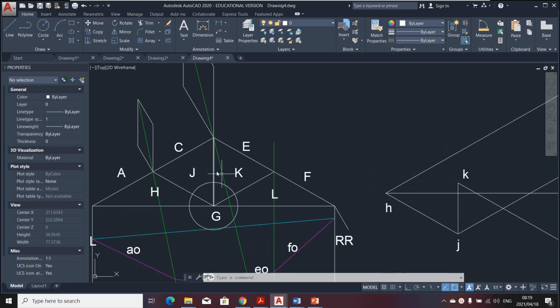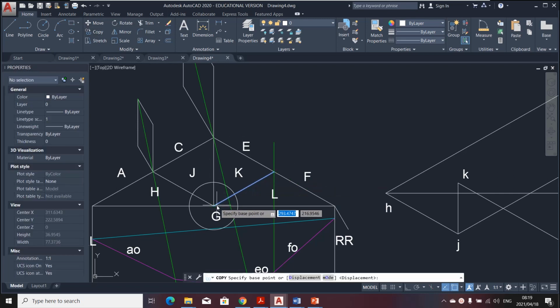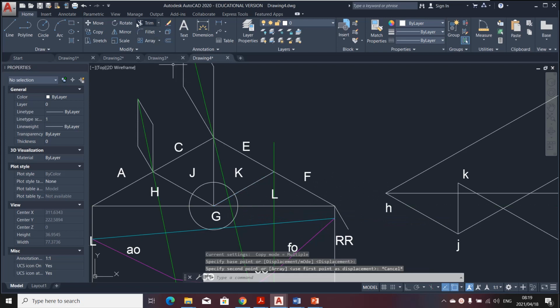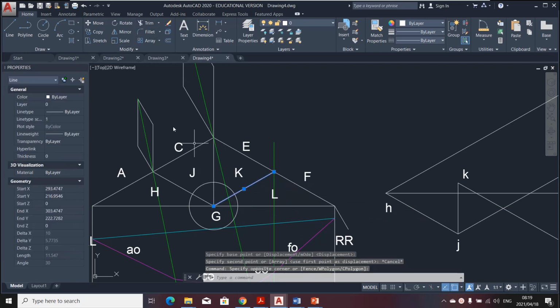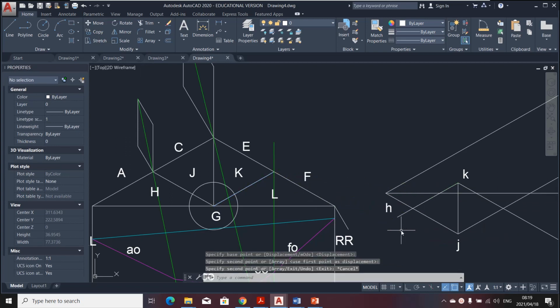So now the one that I'm left with is KL. I do have K, and I must draw a line that will come to G. All right. So at an angle of what? 30 degrees again. So I'm gonna copy this one now. Let me copy from the top. All right, I'm gonna copy this one there.